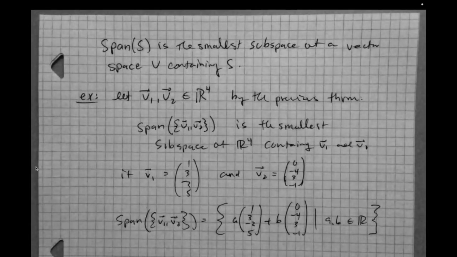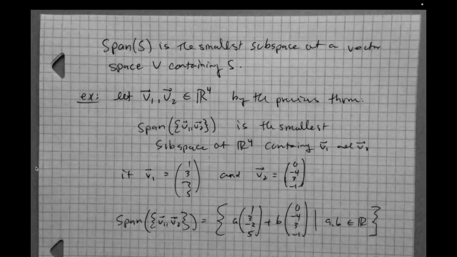And this set is going to be the smallest subspace of R4 that contains these two vectors.